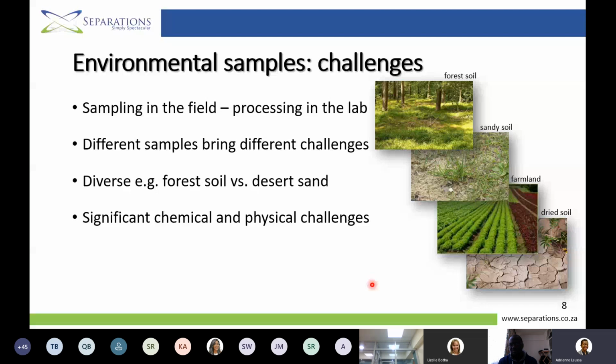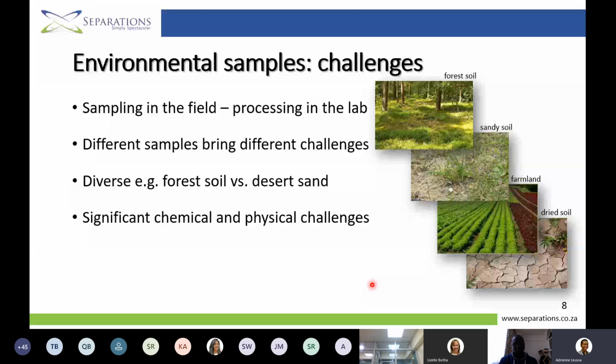Now, environmental samples come with a variety of not small challenges. Really impressive challenges. First of all, most of the time you have to collect your samples in the field and then manage to preserve them for processing in the lab.